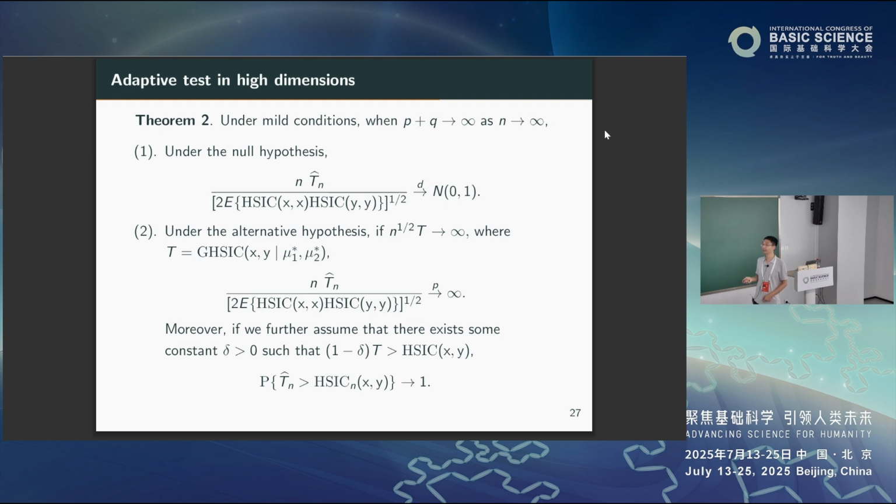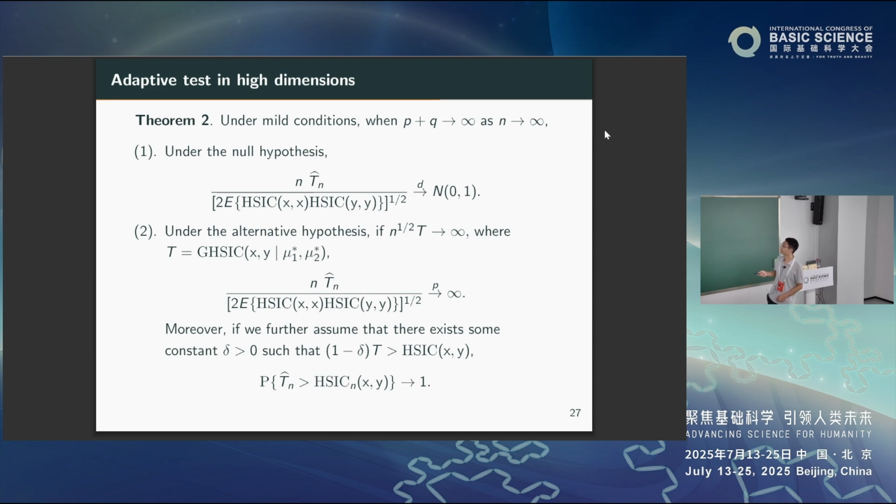And more importantly, the last assertion is that if this kind of inequality holds true, then our data adaptive test statistic is larger than the traditional HSIC under the alternative hypothesis.